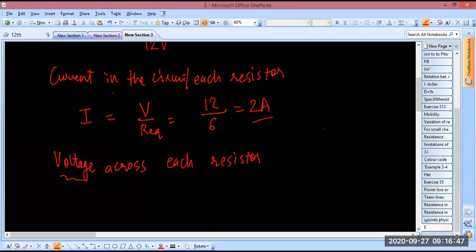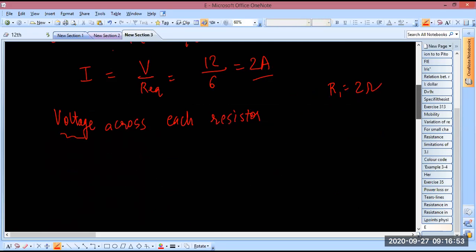And we also know the resistance, 1 ohm, sorry. So based on that, voltage across each resistor can be found easily. V1 equal to I R1. Ohm's law. Okay, we are just using Ohm's law. Clear?